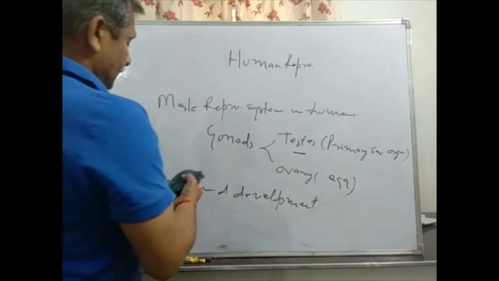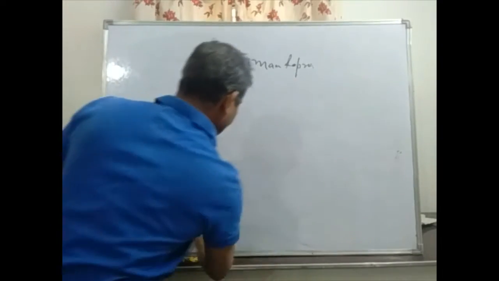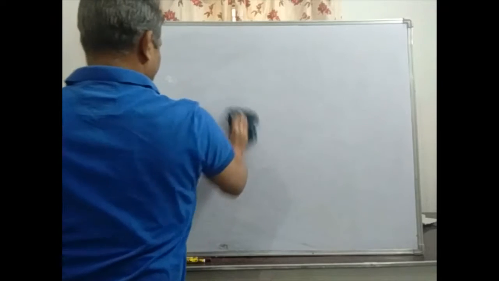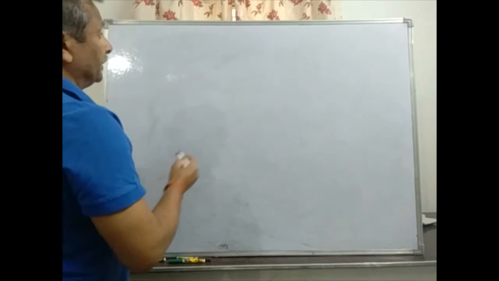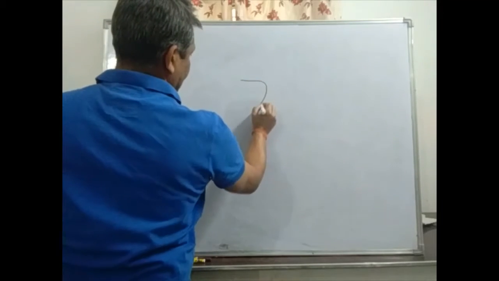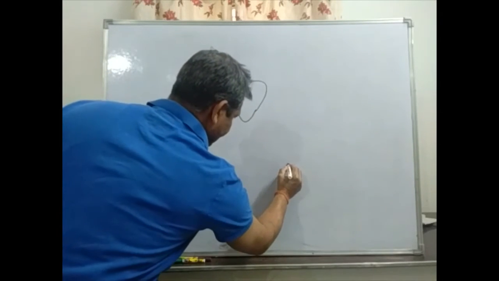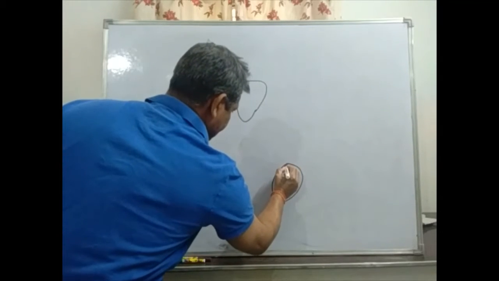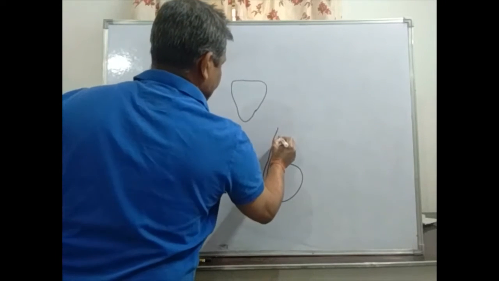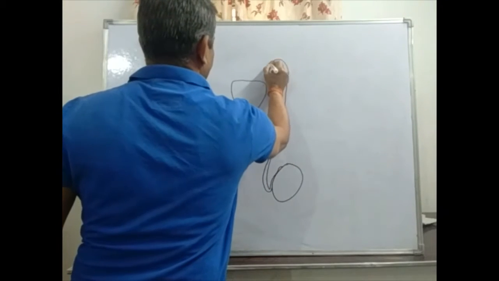So now we are proceeding to the male reproductive structures. What are the major structures which help in reproduction? When we see a front view, we will see this is the prostate here, and these are testes.